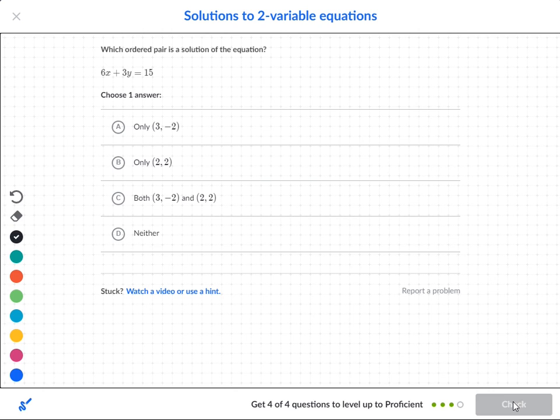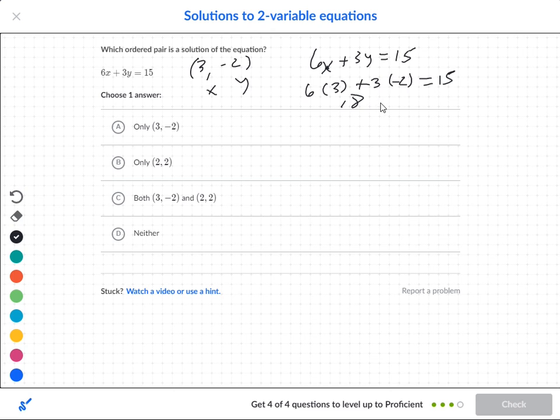Okay, which of the ordered pairs is a solution to the equation? So this time I have 6x plus 3y is equal to 15. I have 3, negative 2. There's my x, there's my y. So I'm going to say 6 times 3 plus 3 times a negative 2 is equal to 15.